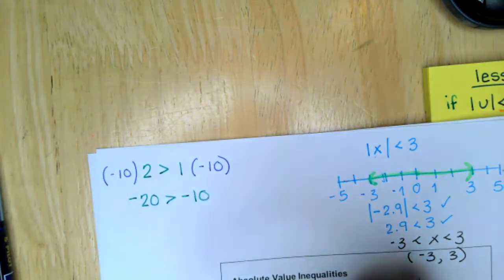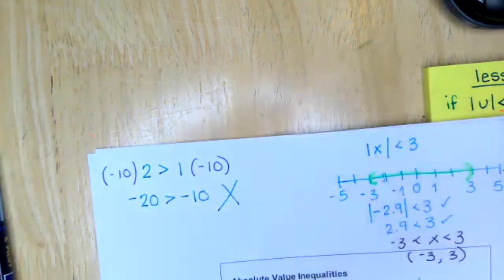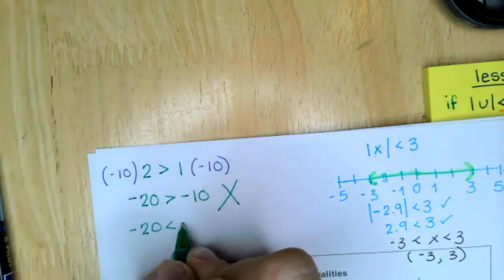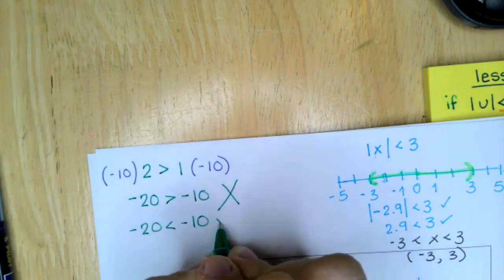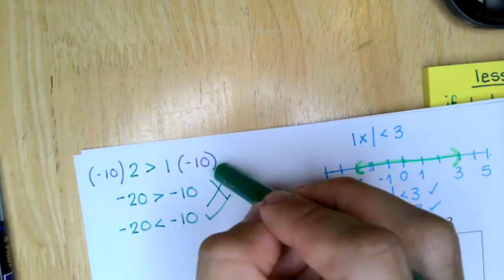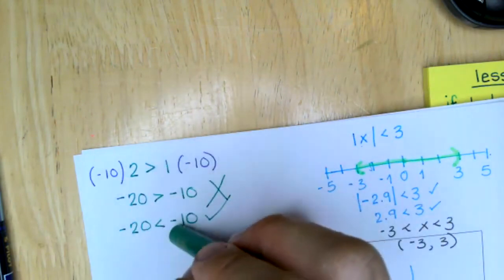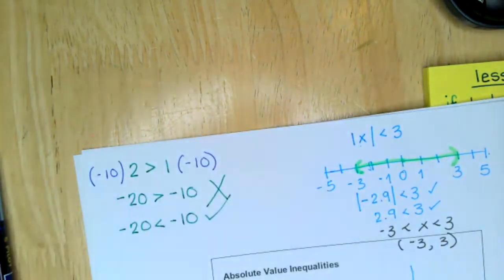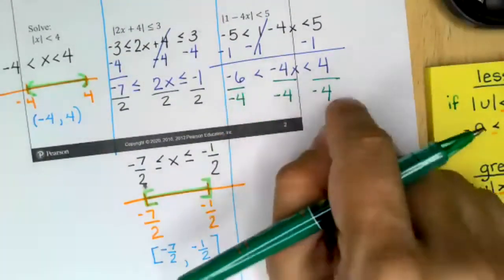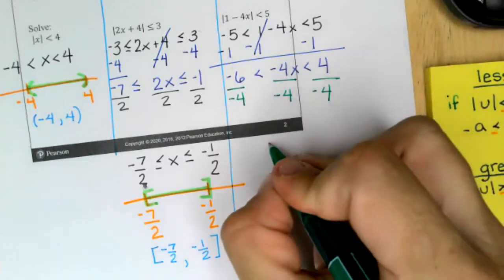Is that true? No. It is only true if I flip the sign. So anytime you're multiplying or dividing by a negative, we need to flip the sign to keep the inequality true. So I'm dividing by a -4, so I need to flip the inequalities.